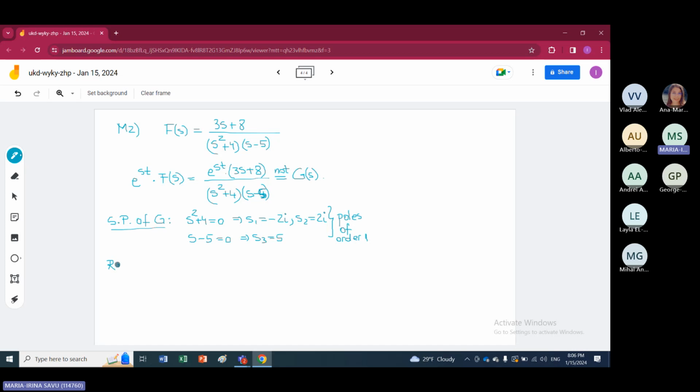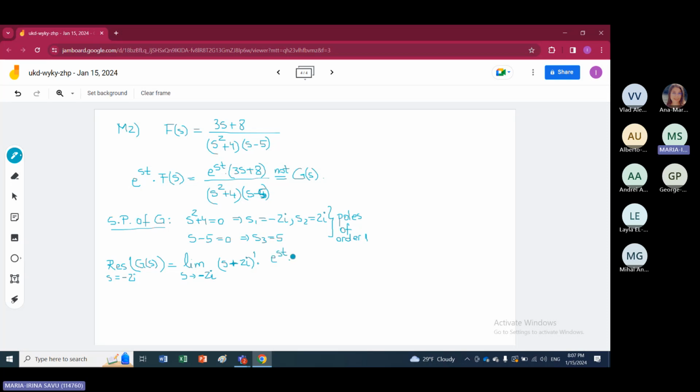So we have to find first the residue of the function g of s at the point s equals minus 2i. And this is the limit when s goes to minus 2i of s minus the pole, so here we write s plus 2i, to the power of the pole's order, which is 1, times the function g of s, which is this one.